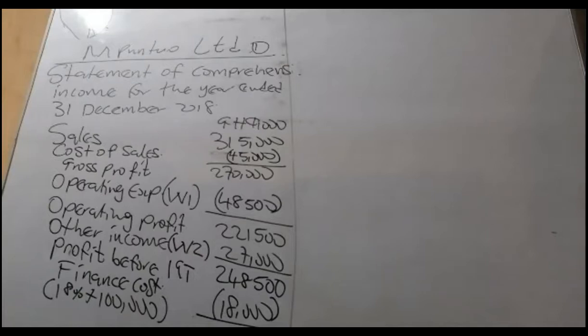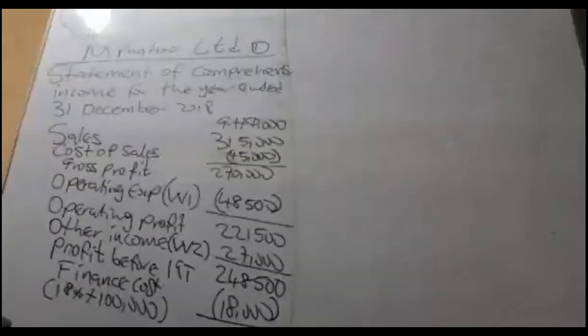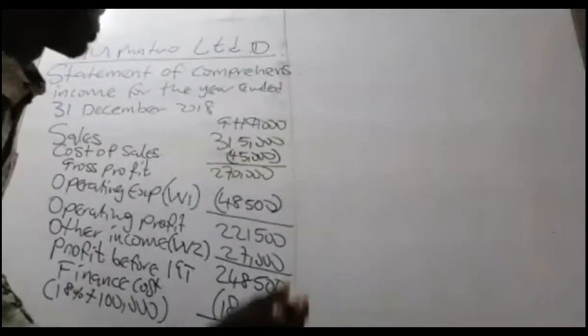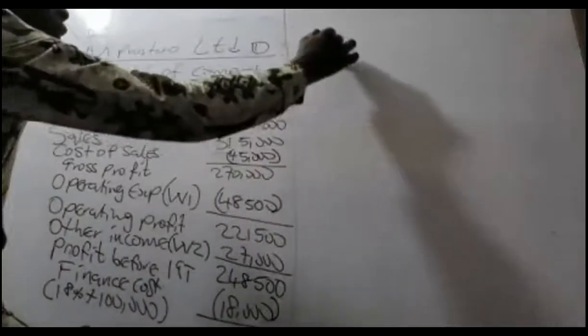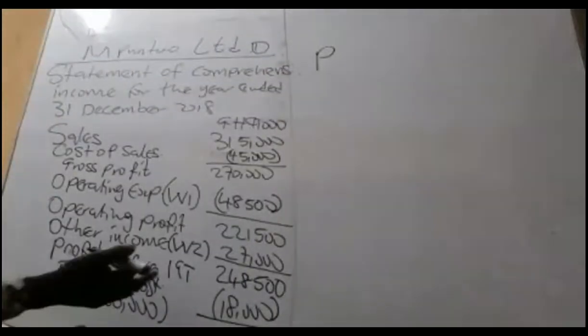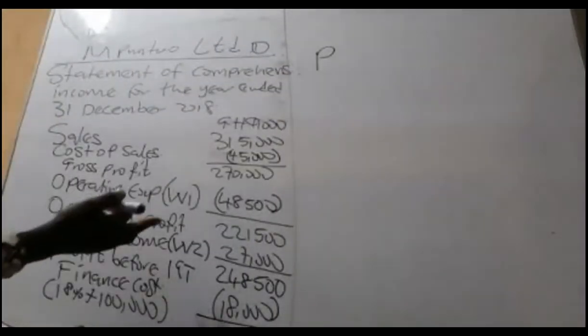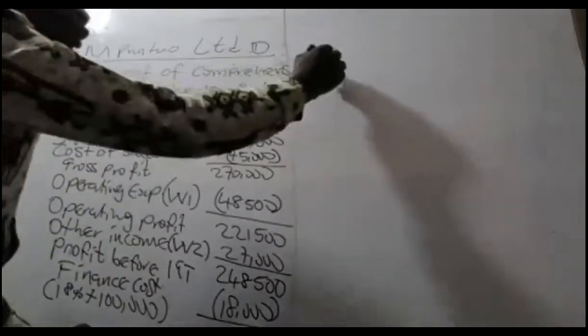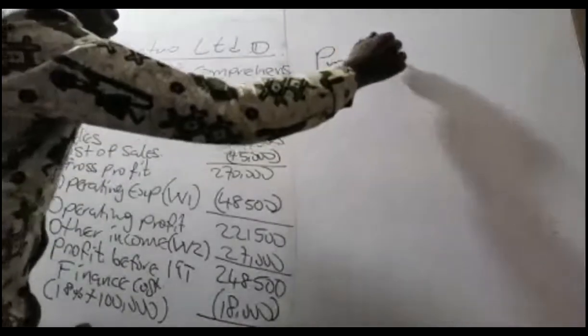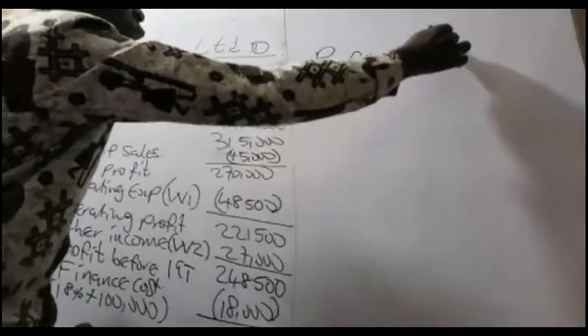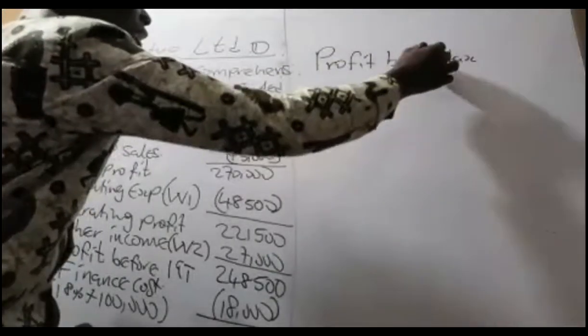Good. What are we going to call that figure? We call it profit before tax. We've already taken interest out. Good. So profit before tax.